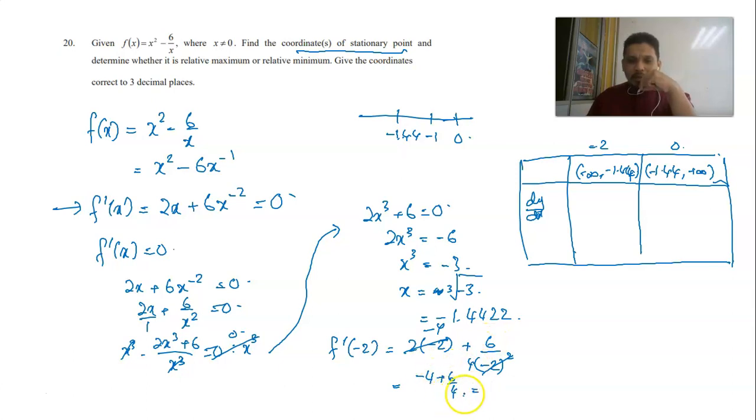So negative 4 times 4 is negative 16 over 4 plus 6 over 4, which is negative 10 over 4. So when negative, the gradient is decreased, and then f prime, let's say x equal to 0.